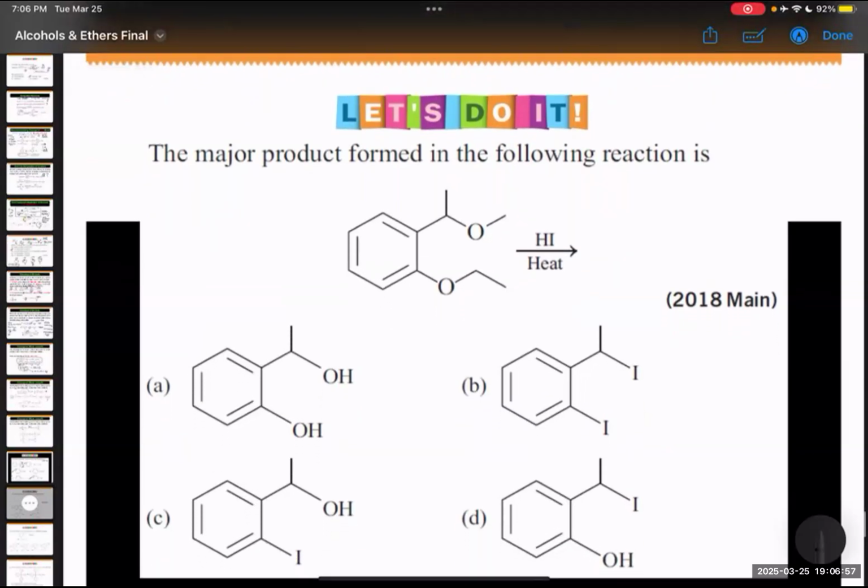What about this one? Cleavage of ethers. This can break apart easily, but this will never break the bond in which the oxygen is directly linked to benzene.